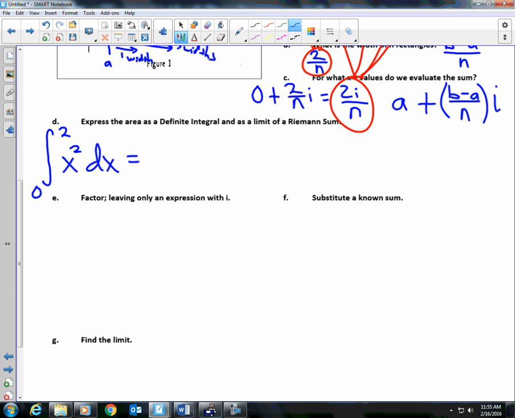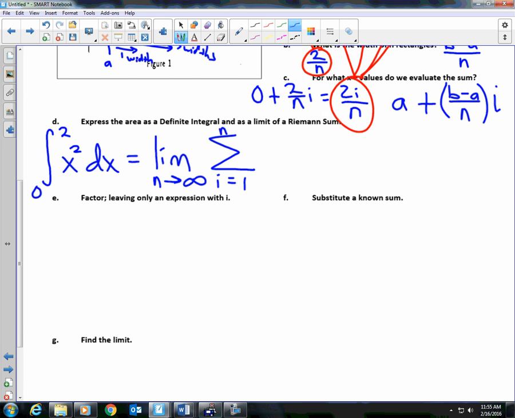Is equal to the limit as n goes to infinity of the sum from I equals 1 to n. It always starts like that. Don't be confused with where I got any of those pieces. Okay, what is x sub I? At what points do we evaluate the heights?